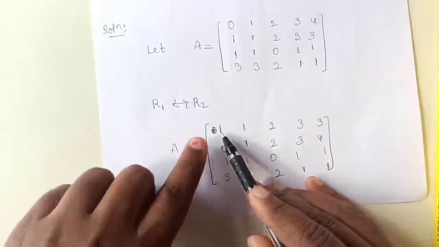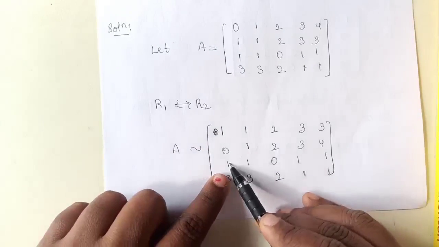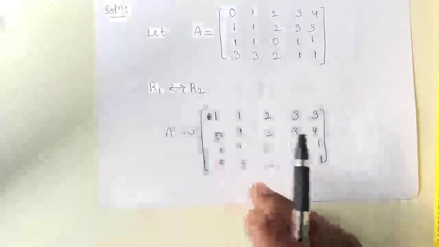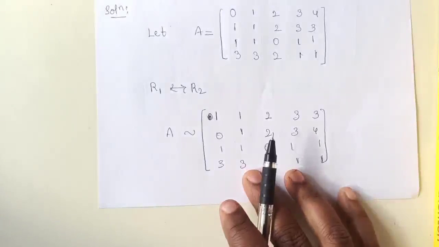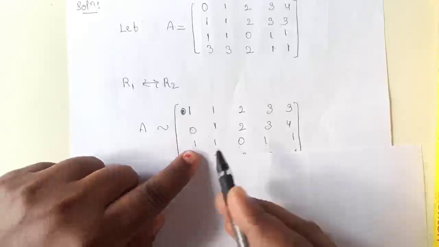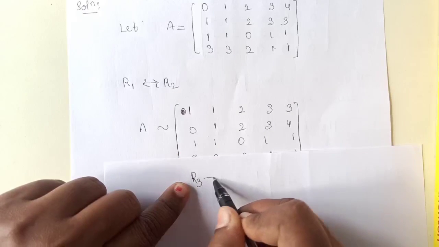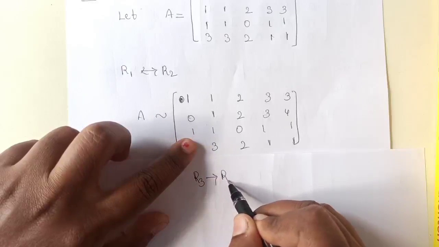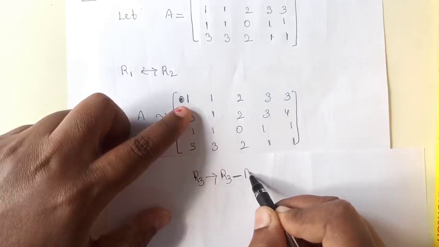Next, it is already 0 here, and we have to make this 1 and 3 into zeros. For that we apply the elementary row operation. In R3, 1 is already there, so 1 into R3 is R3 minus R1.